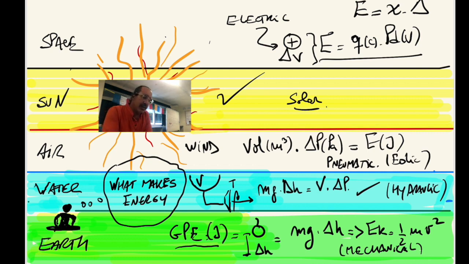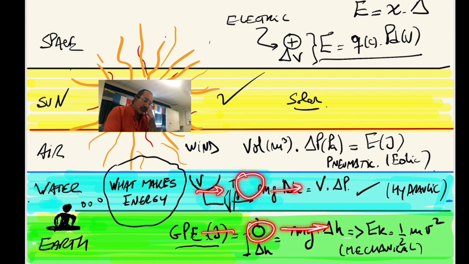So basically, to understand energy, we need to understand two things. Something moves and something pushes, and we need both of them in any form of energy. Here, we need photons, and we need a difference of temperature that pushes them away. Here, we need a volume of air, and a difference of pressure that pushes the volume of air.